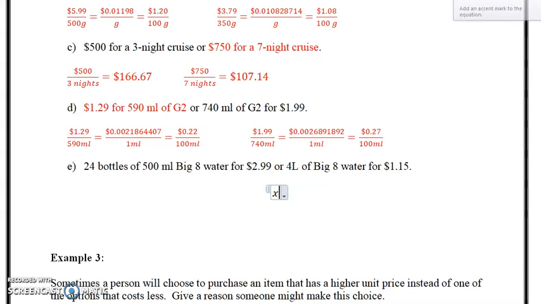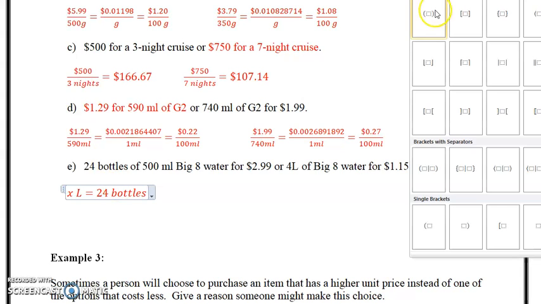So we get the X number of liters, just like we did in the first chapter, conversion factors. X liters of water is going to equal 24 bottles, and then we're going to multiply by the conversion factors.